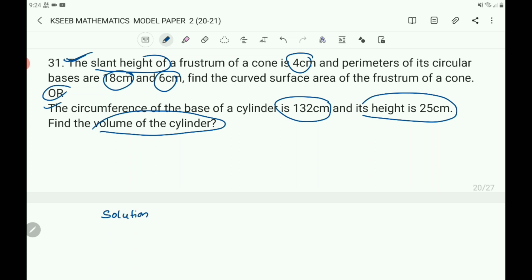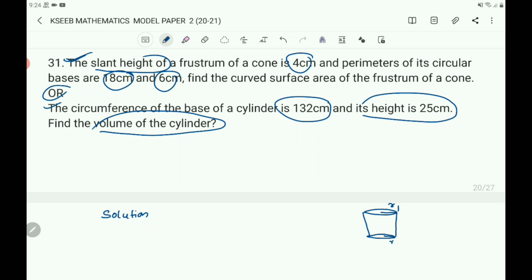Before that, let us have the rough sketch of the frustum of a cone. Let us consider it is the rough sketch of the frustum of a cone. Now this is the radius R1.